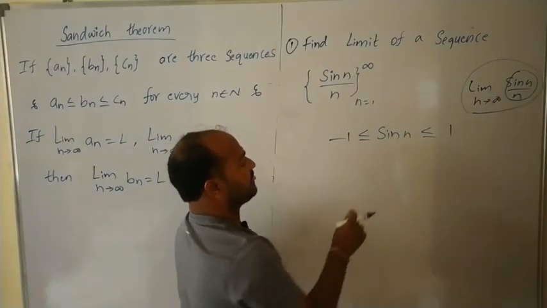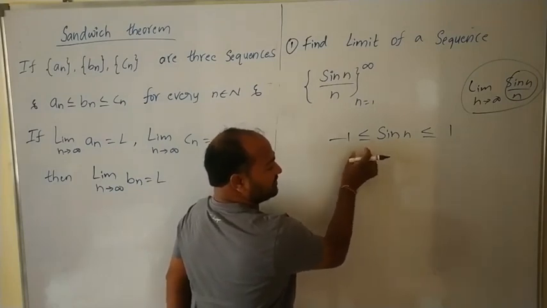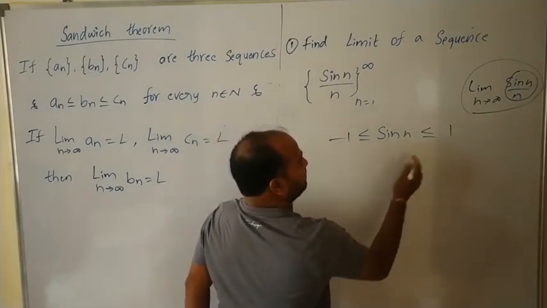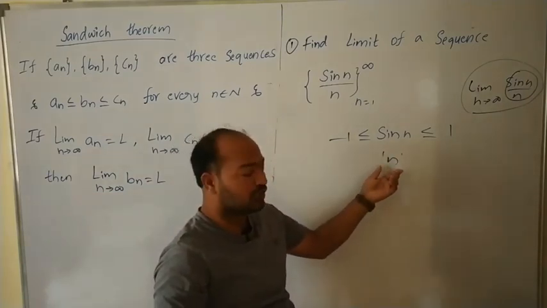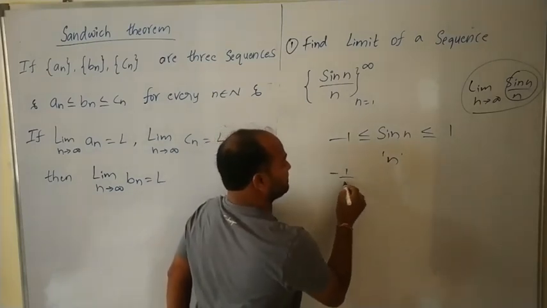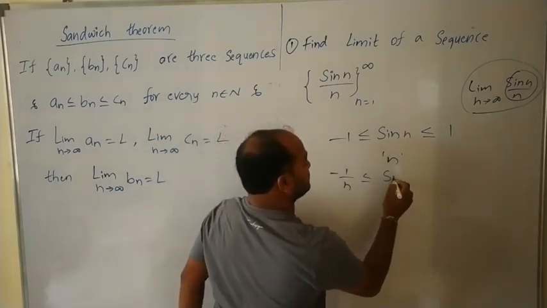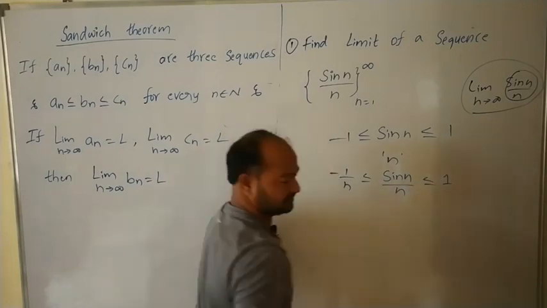Here I am dividing the inequality throughout by n. So here we get -1 by n less than or equal to sin n by n less than or equal to 1 by n.